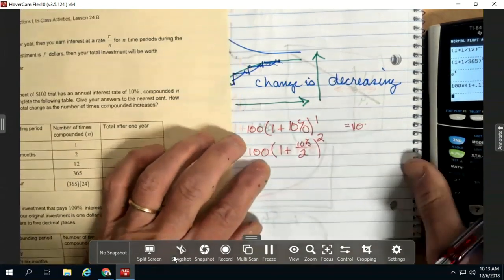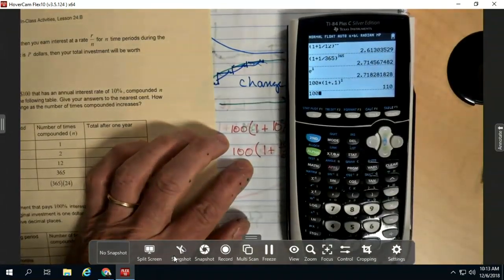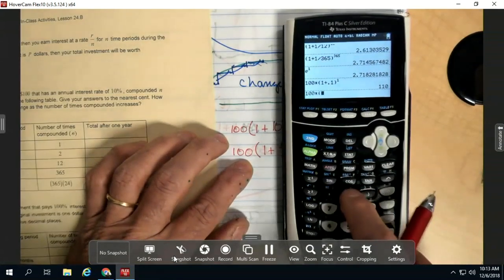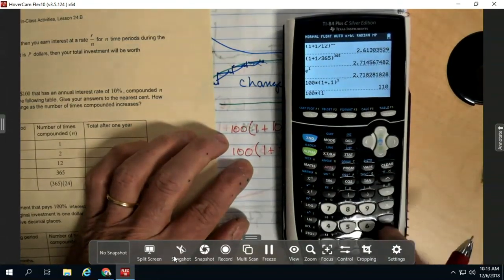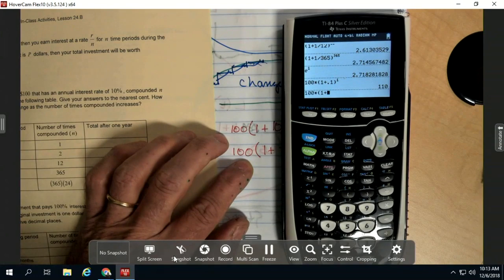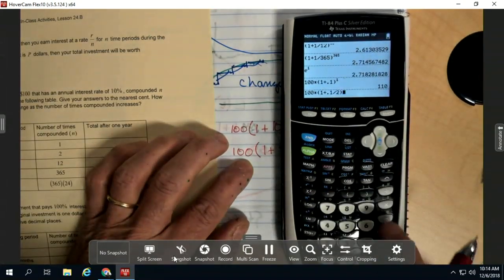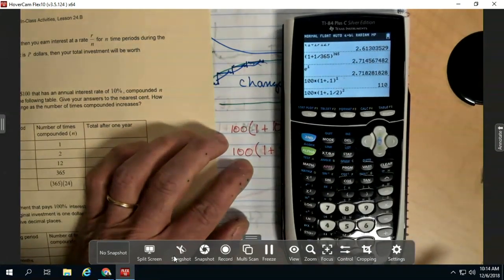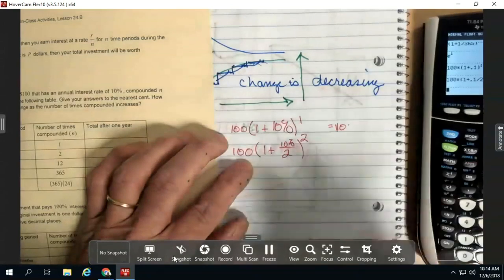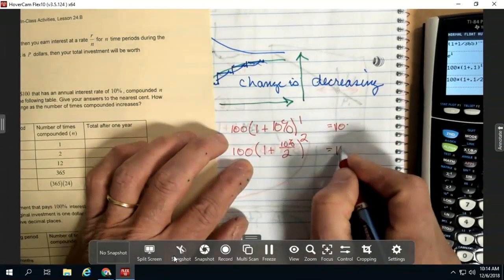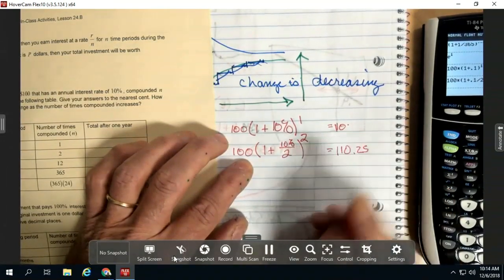Next one, 100 times 1 plus 10% over 2 to the second. Good. So 100 times parentheses 1 plus 0.1 divided by 2 to the second, and we get $110 and 25 cents.